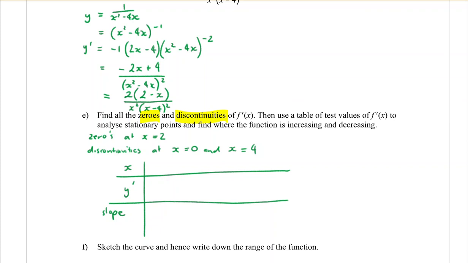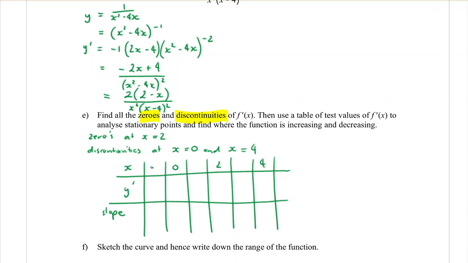So in order would be 0, 2, and 4, and we would need the gaps in between them. So space 0, space 2, space 4, and an extra space at the end. So that's very obvious to just be one, there's ones in between all of those. Nice whole numbers.